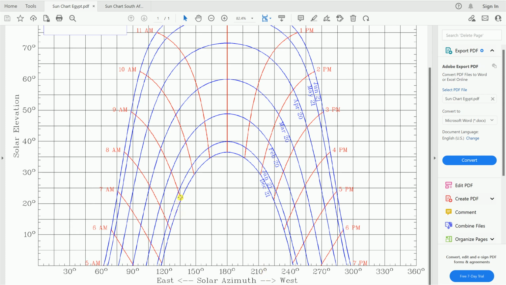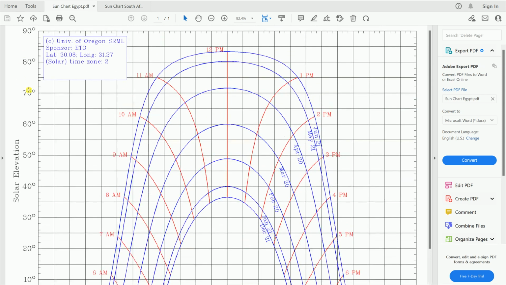You can see this one at azimuth approximately 125 or 130 degrees. This one, for example, is about 225. However, our panels are at azimuth 180 degrees. The difference between here and here we will use as the correction azimuth angle. So this is for the northern hemisphere.